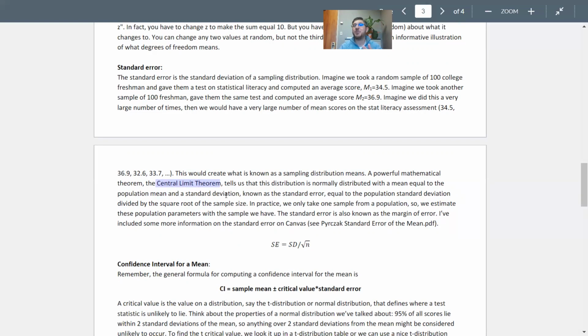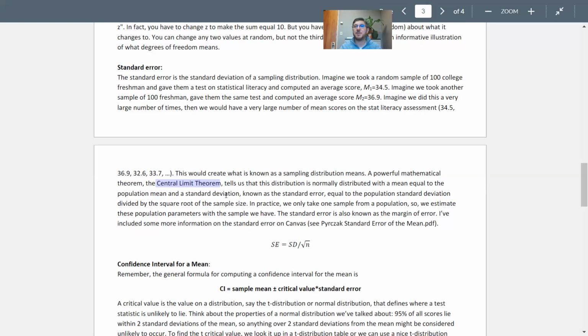So in practice, we really only take one sample from the population, and we estimate the population parameters that we want from our sample statistics. So the standard error gives us that margin of error. The standard error is our estimate of the standard deviation of this theoretical sampling distribution.